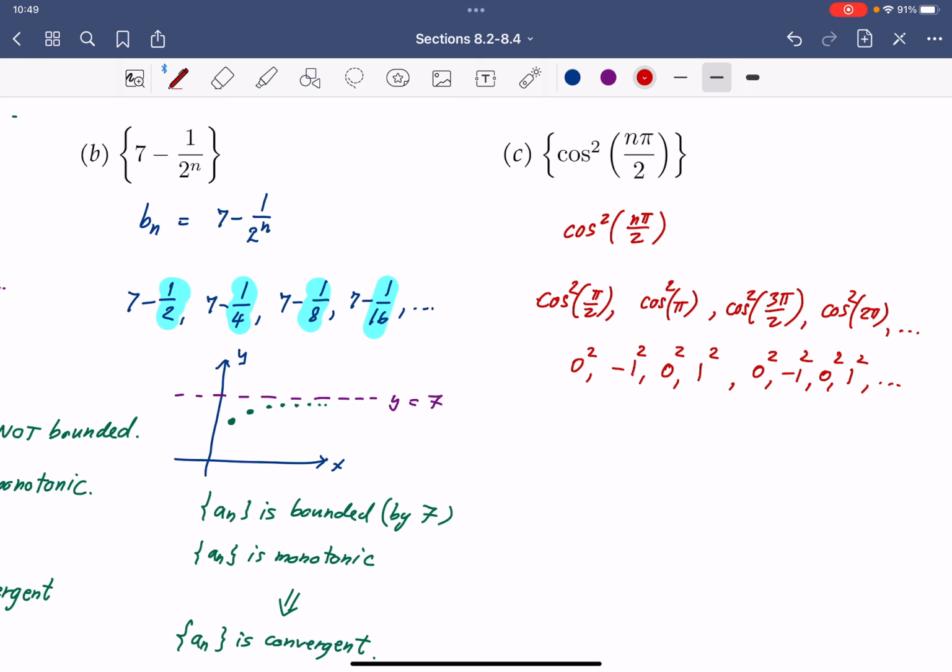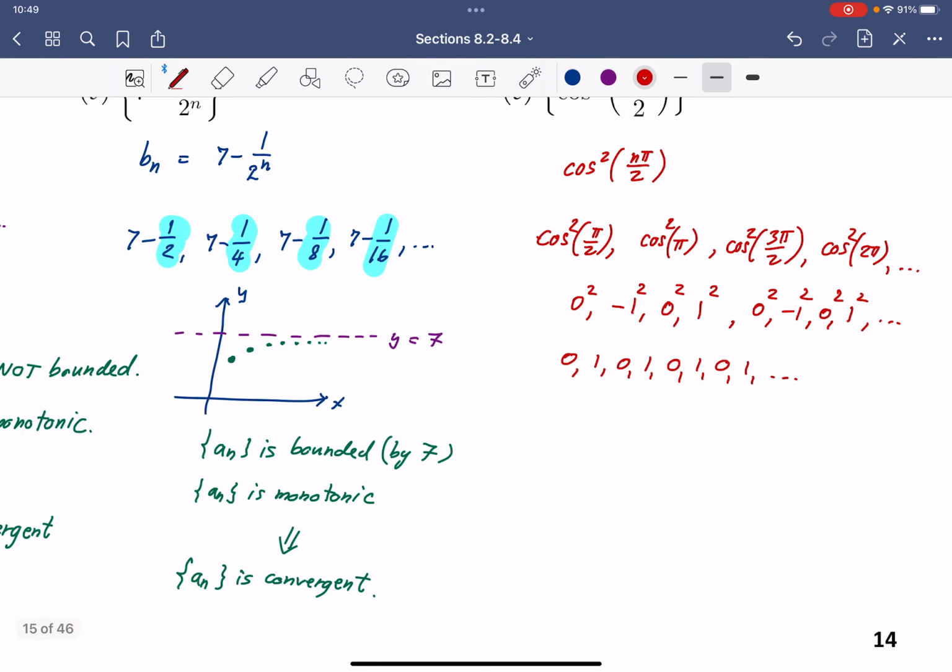Which means the sequence is going to be 0, 1, 0, 1, 0, 1, and so on. So this sequence an is bounded by 1, but it is not monotonic because it keeps going up and down, which means this sequence is divergent as well.